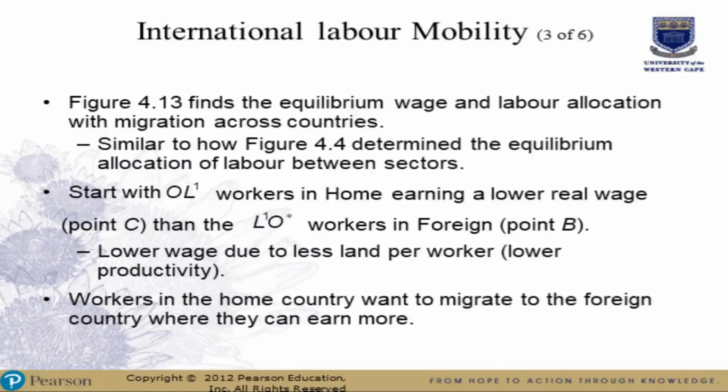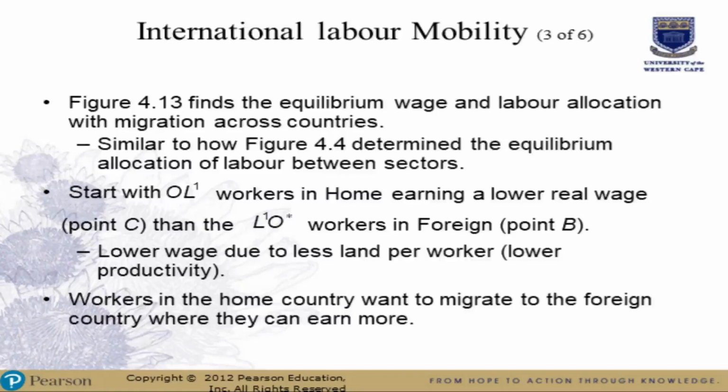Figure 4.10 illustrates the equilibrium wage and labor allocation with migration across countries. Note that this figure is similar to figure 4.4. However, they differ in that the marginal product of labor is not multiplied by the price of the good, and the horizontal axis shows the total world labor supply, not just the country's labor supply.